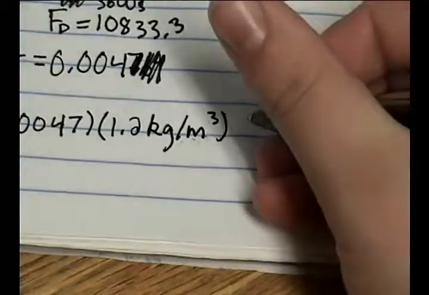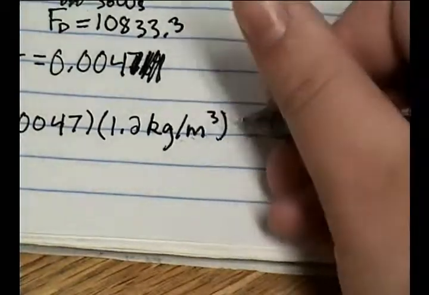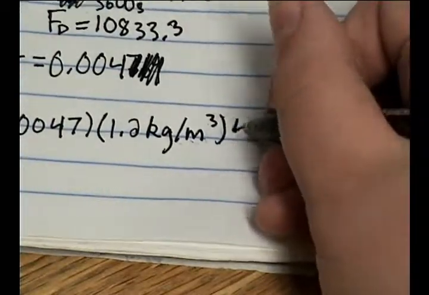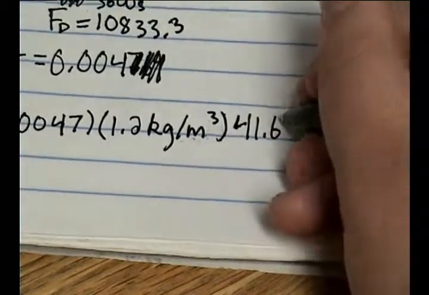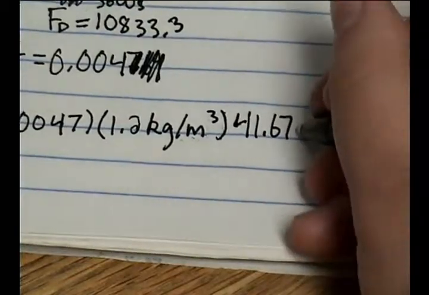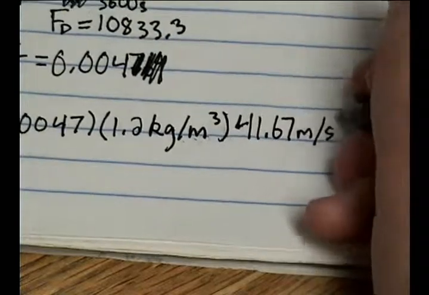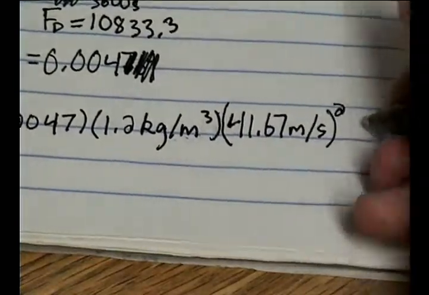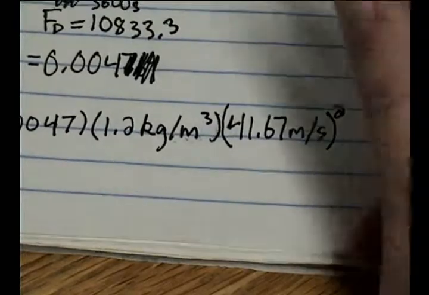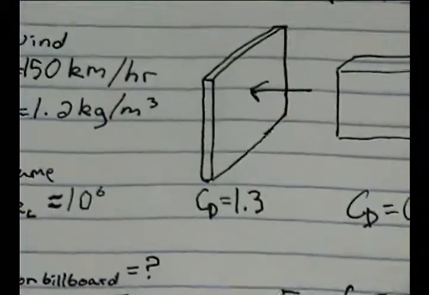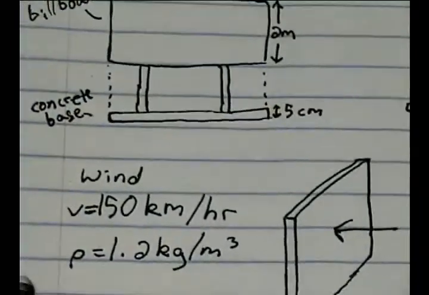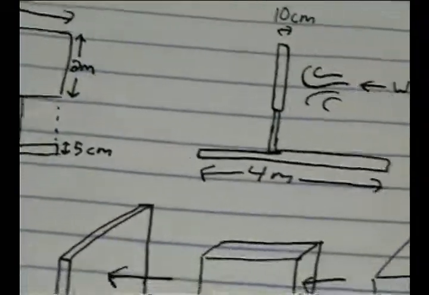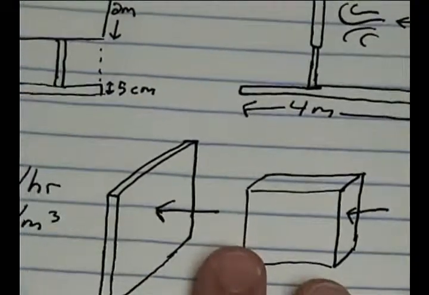We have our density of air again, and our velocity of the wind. And our area this time is going to be the base's surface, because we're going across the surface of the base.